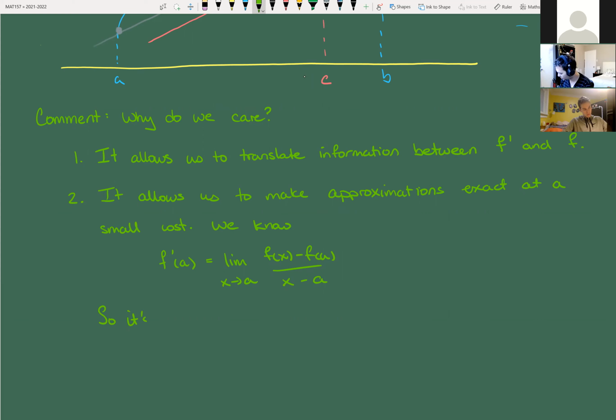So it's reasonable to suspect that if x is near a, then f prime of a is approximately f(x) minus f(a) divided by x minus a.